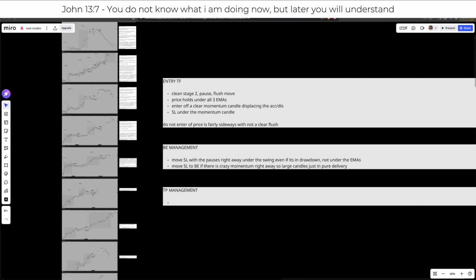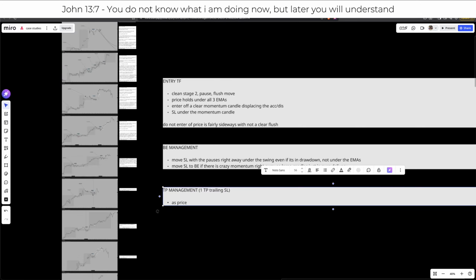Okay. So for the TP management, take profit management, we're just going to do a trailing system, which is just a 1 TP trailing stop loss.